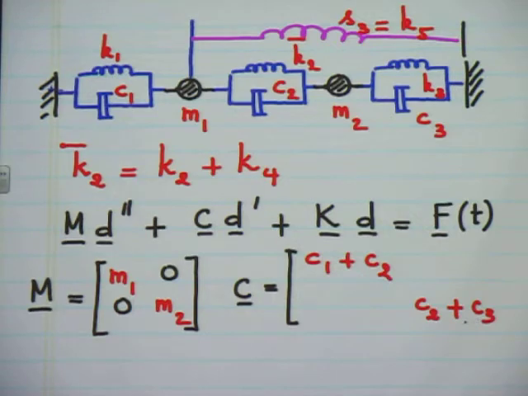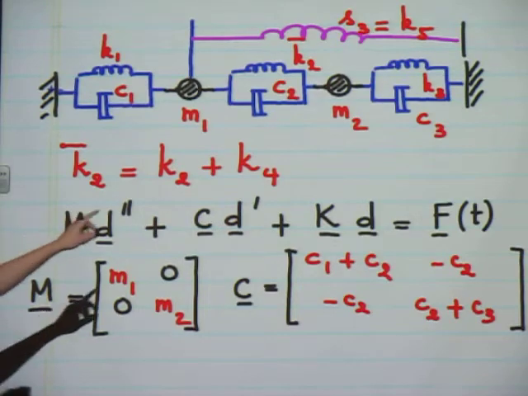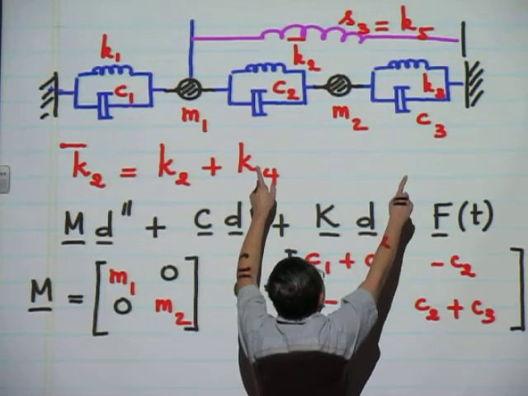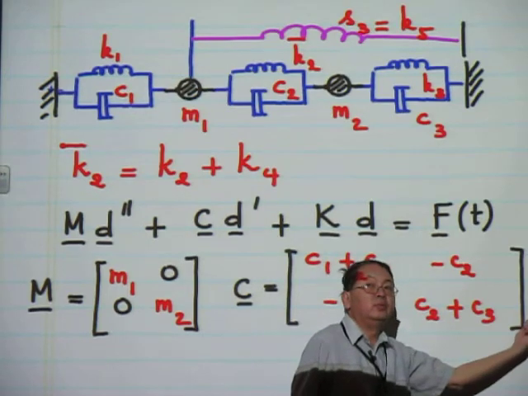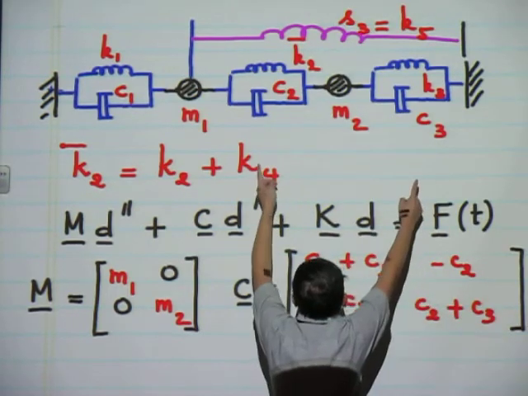And then we take care of the off diagonal terms. That would be negative C2 for both of them, minus C2 and minus C2. Okay. And the thinking is that mass M2 is between C2 and C3. So the term that corresponds to the degree of freedom D2 will be the sum of C2 and C3.